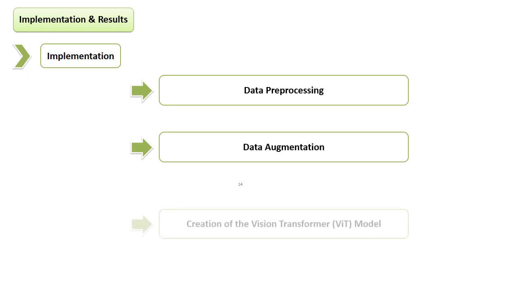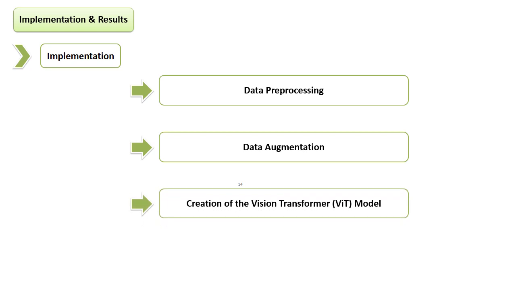And then the creation of the vision transformer model, and of course it has been developed from scratch. So our architecture includes patch extraction, encoding, multiple transformer layers, layer normalization, flattening, dropout, multi-layer perceptron, and classification. It effectively utilizes the self-attention mechanism to capture complex spatial relationships in images.